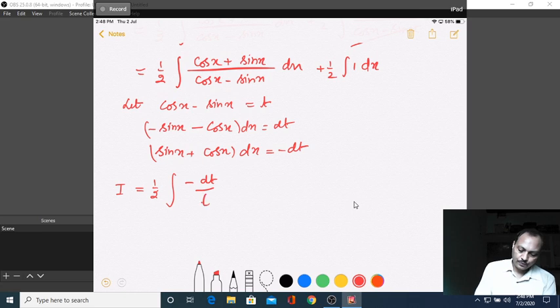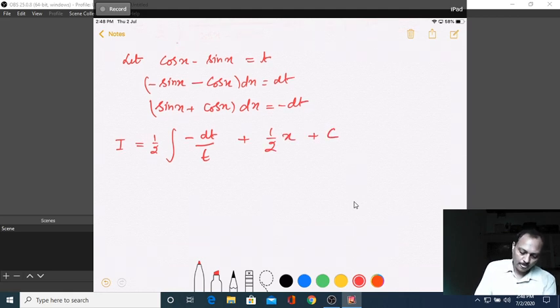upon t plus 1 by 2. The integration of 1 with respect to x is x, plus constant of integration c. And here it will be minus sign outside, 1 upon t. The integration of 1 upon t is log of mod of t, plus 1 by 2 x plus c.